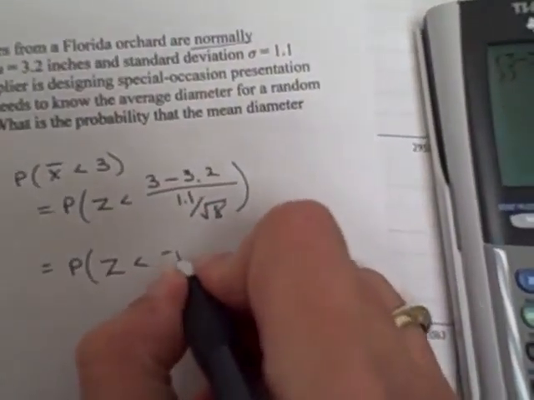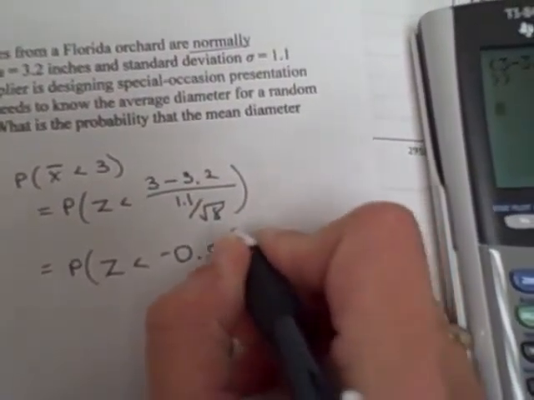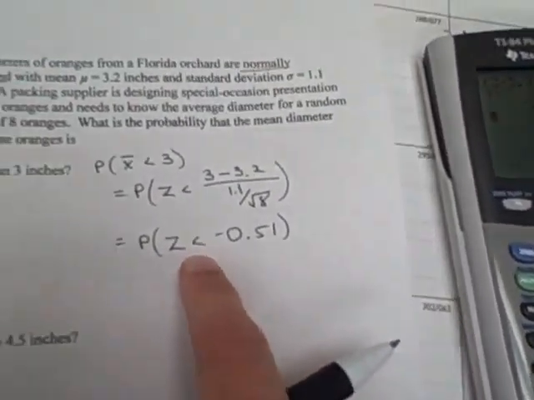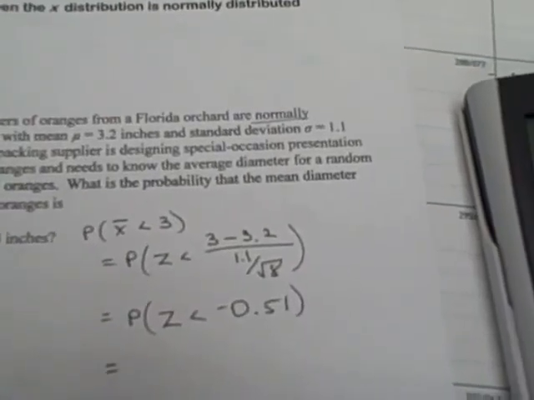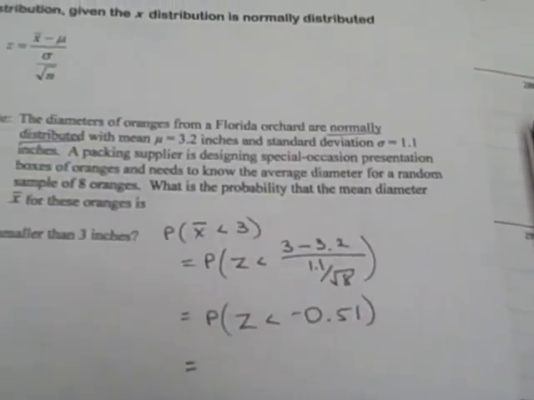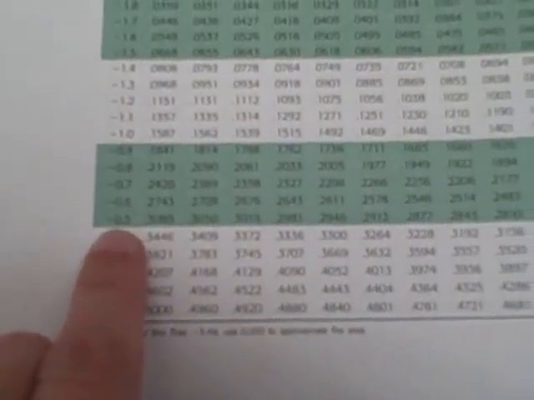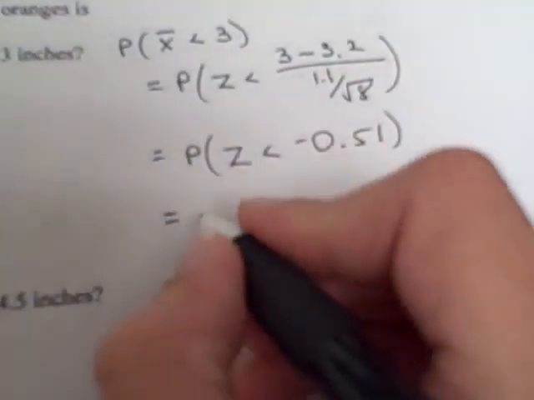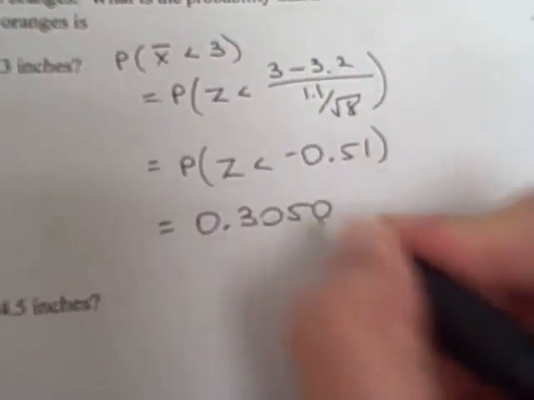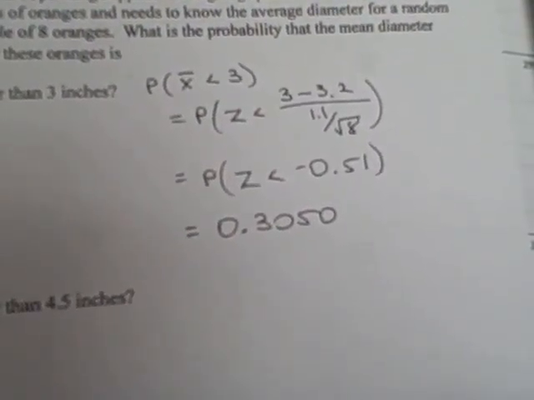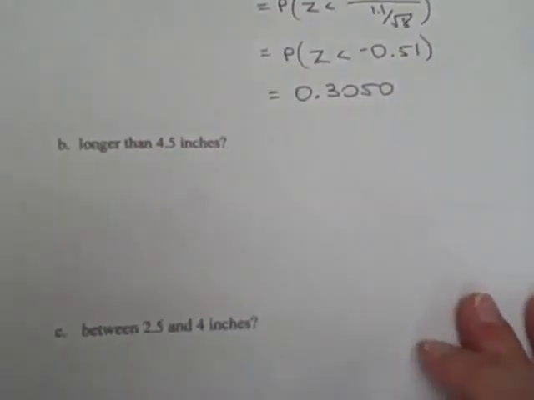So I get negative 0.51. This is an area to the left. Our z table gives us area to the left. So I'm going to go to negative 0.51, and I get 0.3050.